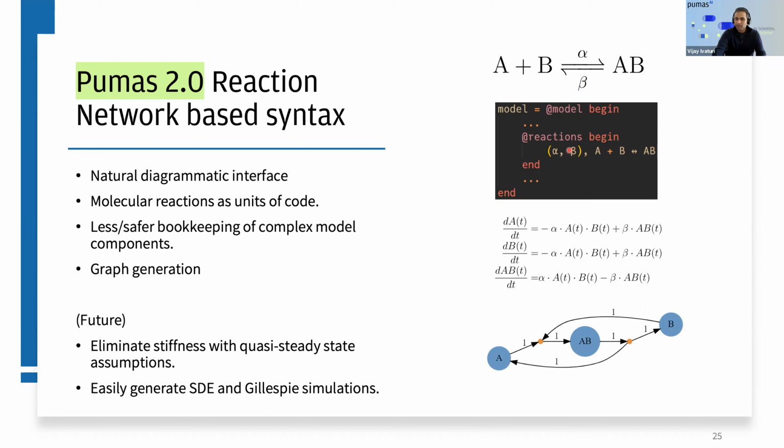And this will lower down to this differential equation and also provide a nice graphing tool that's available to visualize the model. So it becomes really easy to visualize and to start writing your models. And this actually makes a lot more sense when you're writing really big models and models which have a lot of species. So this is a new syntax that's available.